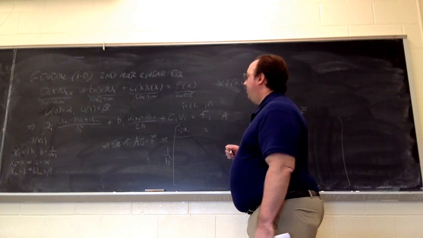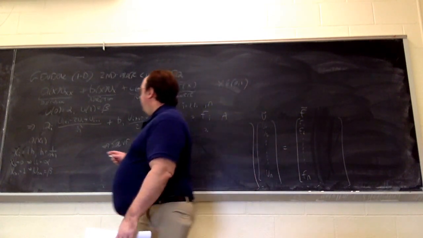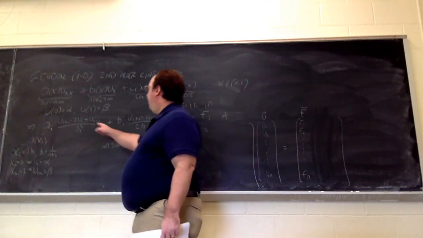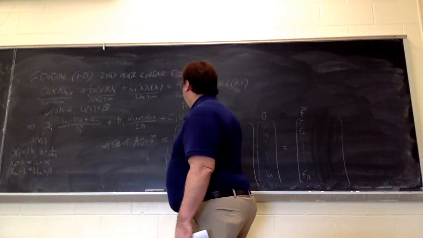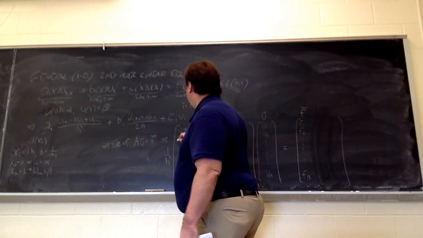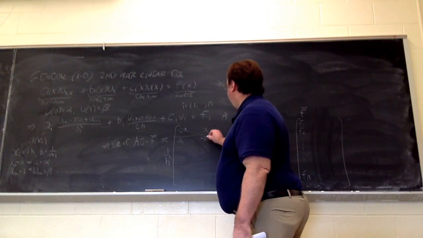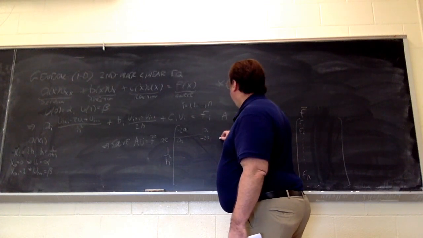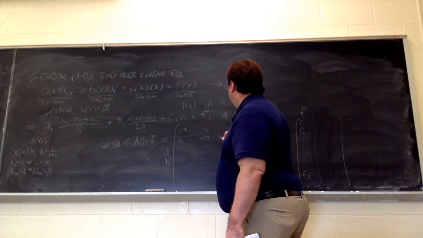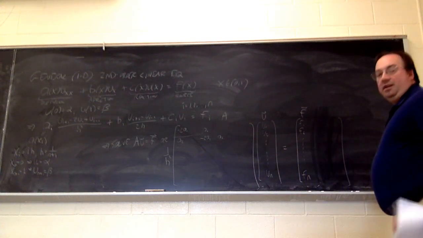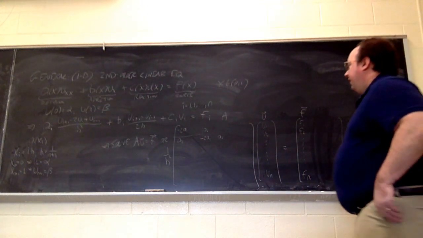The second row, so i equals 2, I'm going to have a1 times a2, and then I'm going to have a minus 2a2, and then an a2. And this pattern is going to keep going.